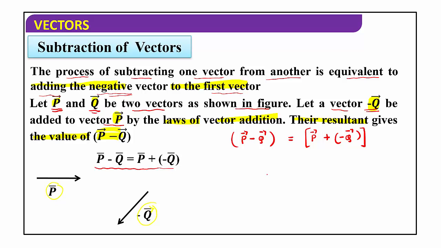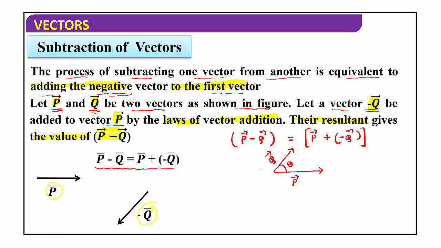Is it clear? So observe this diagram here. The first vector I am going to consider in this direction. Let us take it as vector P. I am going to add another vector. Let us consider that vector is in this direction, that is vector Q. Vector P and vector Q, angle between these two vectors, let us take it as theta. But here this is subtraction of vectors.